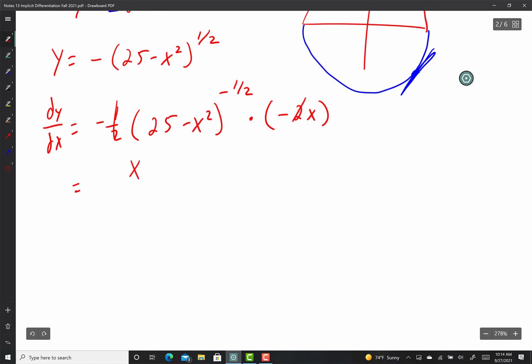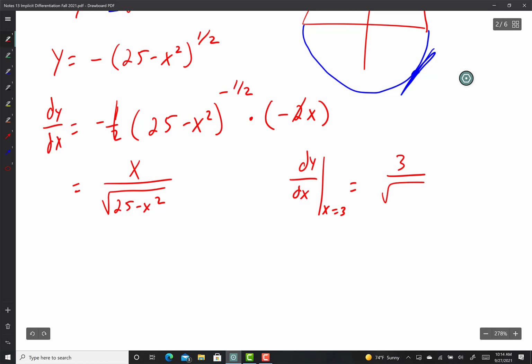So I see x over the square root of 25 minus x squared. What x value am I going to insert so I can find my slope? Yeah, so I'm going to write dy/dx at x equals 3 equals 3 divided by square root of 25 minus 3 squared. 25 minus 9 is 16, so this is going to be 3/4. So my slope is 3/4.